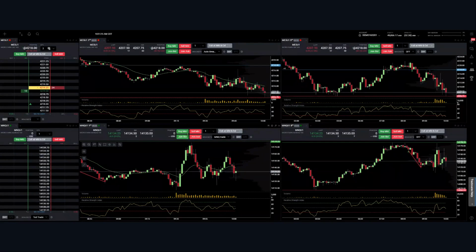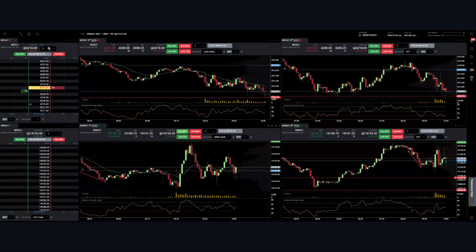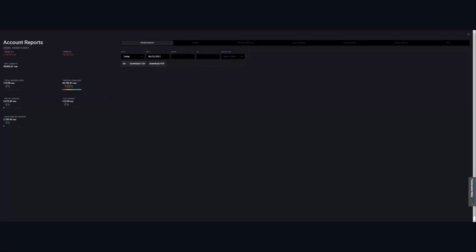I'm doing a buy order filled on a market order. You can see the margin requirement has gone from 55 to 110. So both micros, and this has come down over time, is just $55 to day trade.